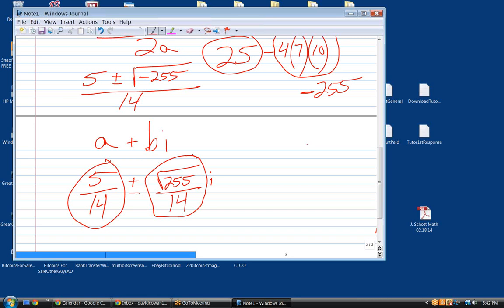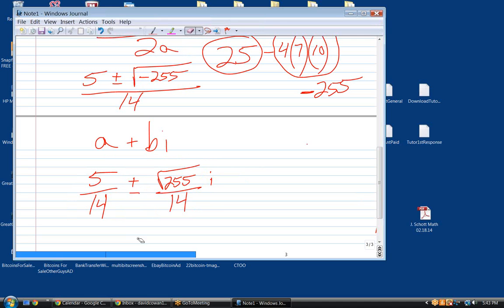You've learned this A plus BI, right? Yeah. Okay. And that's the one where you always need to have plus or minus, right? Well, you're always going to get a plus or minus unless the discriminant is 0, and then the plus or minus has no effect. So, yeah, you're always going to have a plus and a minus.